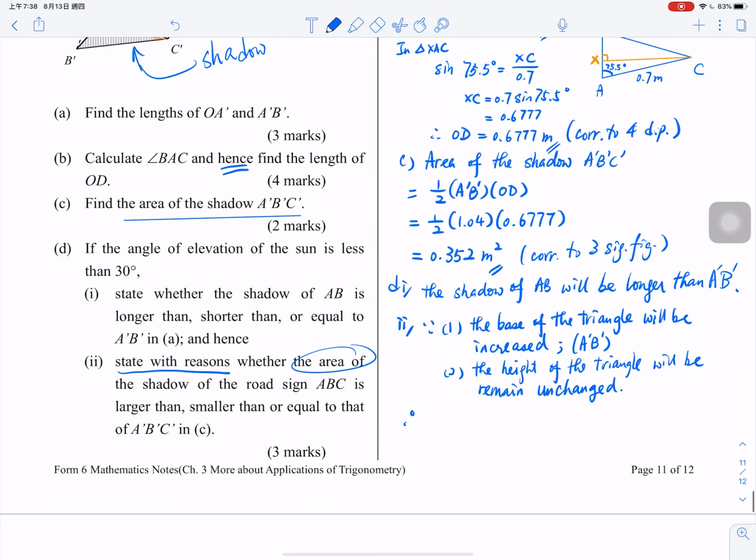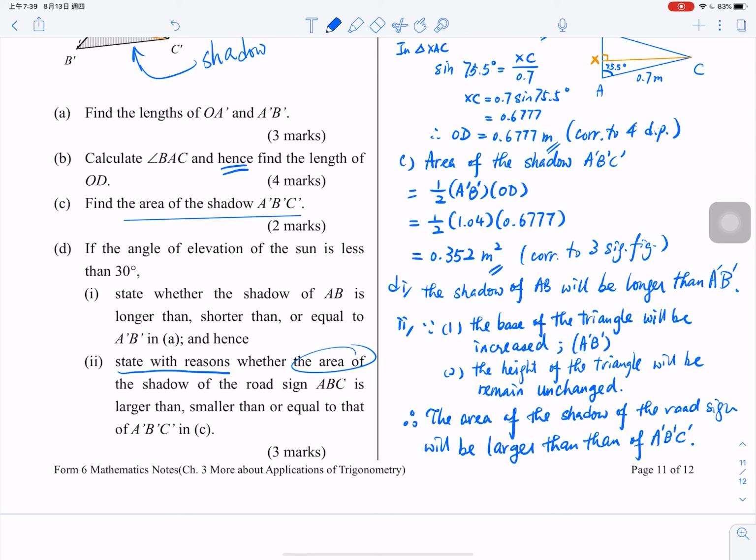That means the answer, the area of the shadow of the road sign will be larger than that of A'B'C'.